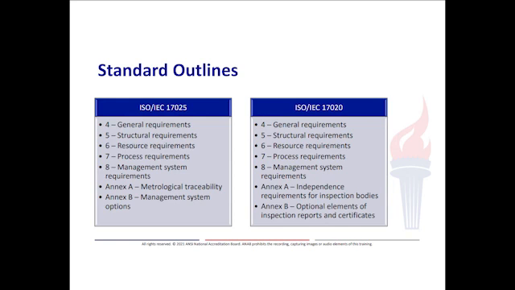Well, it really comes to bear on the independence requirements for inspection bodies and the traceability for 17025 laboratories. And we'll talk about that independence and impartiality here in a couple minutes.